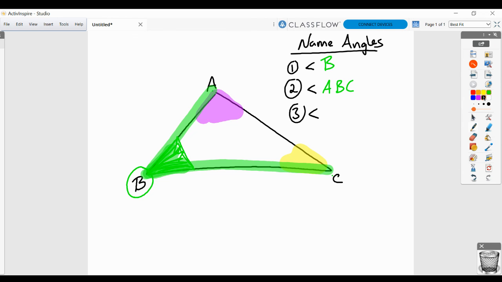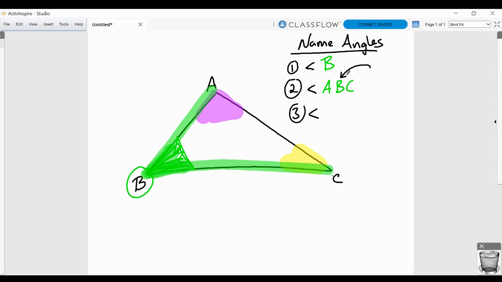Now notice that B is the letter in the middle, okay? B is the letter that's in the middle of our angle. That's very important. The middle letter is the most important. So if we're talking about angle B, letter B has to be in the middle of the name. So we have A, B, C. Or we can go the other way.